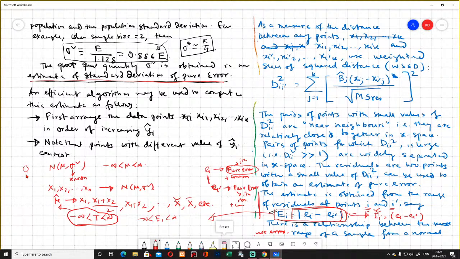If you measure this thing, you have an error. Your friend measured this thing, he or she has an error, but this error and this error are not the same. So for estimating the pure error, just subtract these two things. Yes, EI is not a pure error.